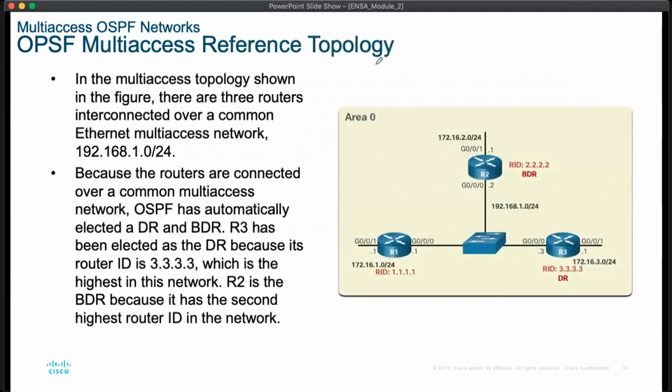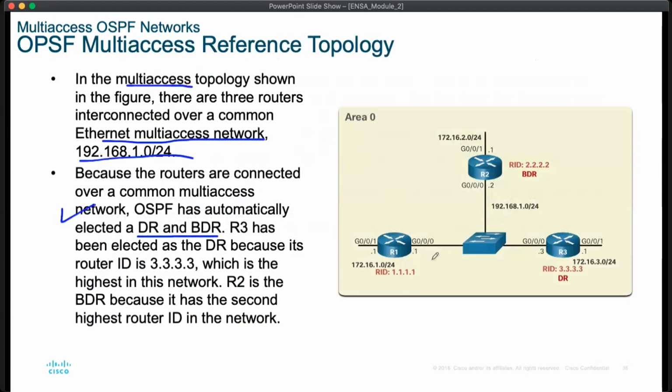OSPF multi-access reference topology. In the multi-access topology shown in the figure, there are three routers interconnected over a common Ethernet multi-access network, with the network 192.168.1.0. Because the routers are connected over a common multi-access network, OSPF has automatically elected the DR and BDR.